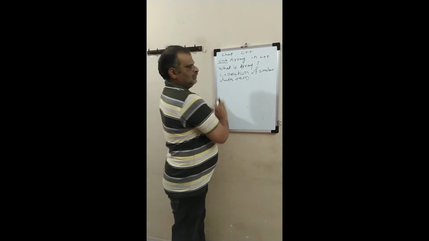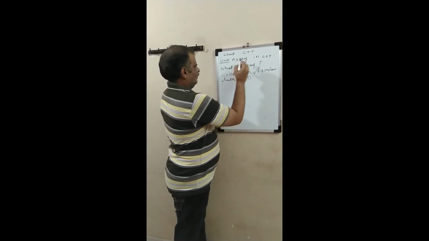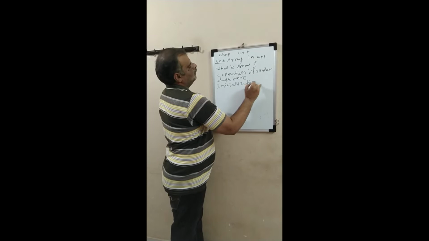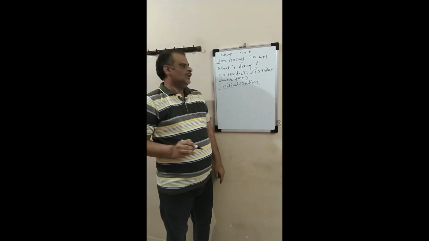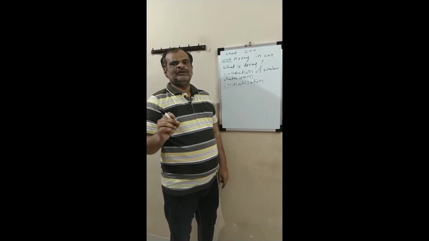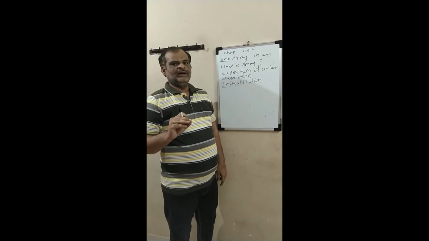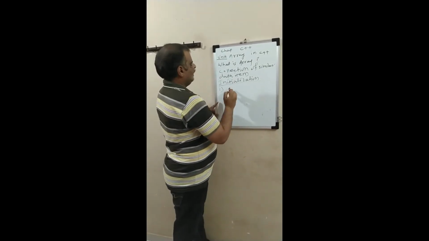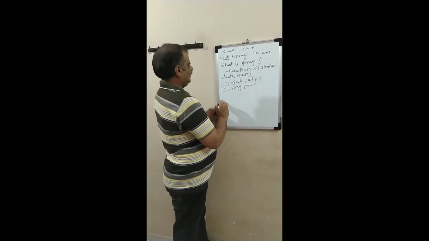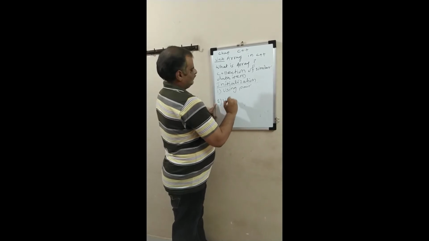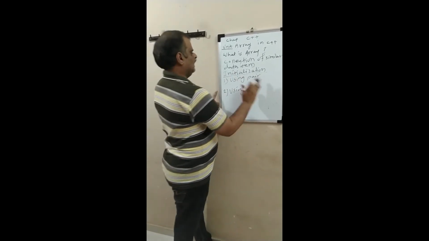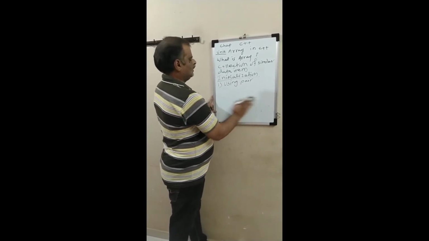Then we study initialization, that is how to input elements in an array. There are two ways of initializing elements in an array. First is using a pair of curly braces, and second is using a loop statement. Firstly, I explain using a pair of curly braces.